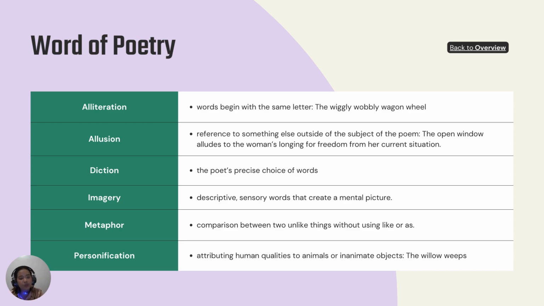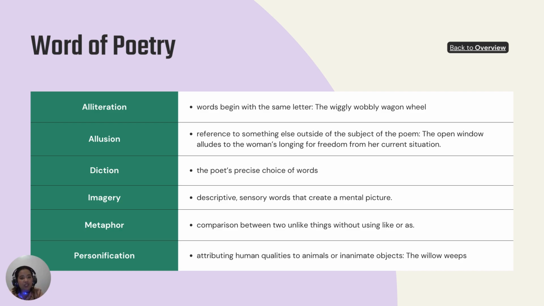So metaphor and personification are figurative languages. Metaphor is a type of figurative language wherein you incorporate comparison. They are used for comparison of two unlike things, but they are not using like or as. So in short, it is a direct comparison.